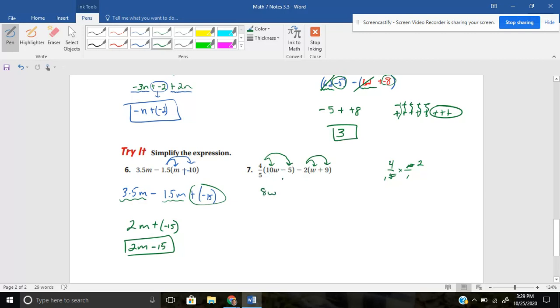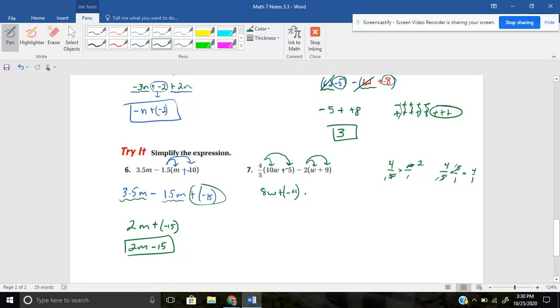And then I need to add to that 4/5 times 5. Simplify will give me 4/1, which is 4. So plus negative 4. Again, it's negative because I have this positive times this negative.